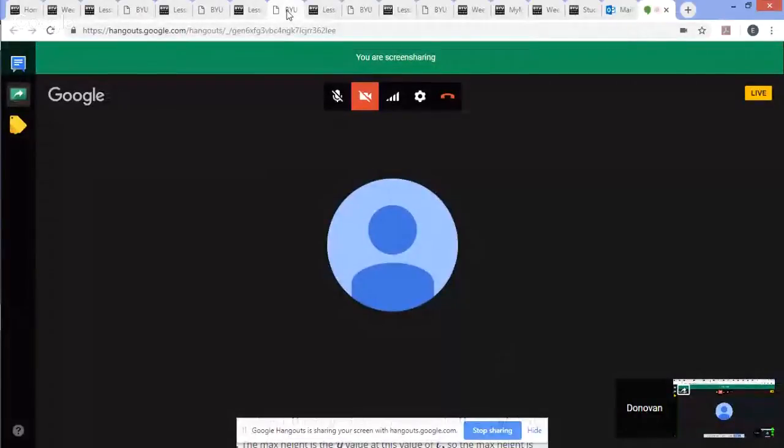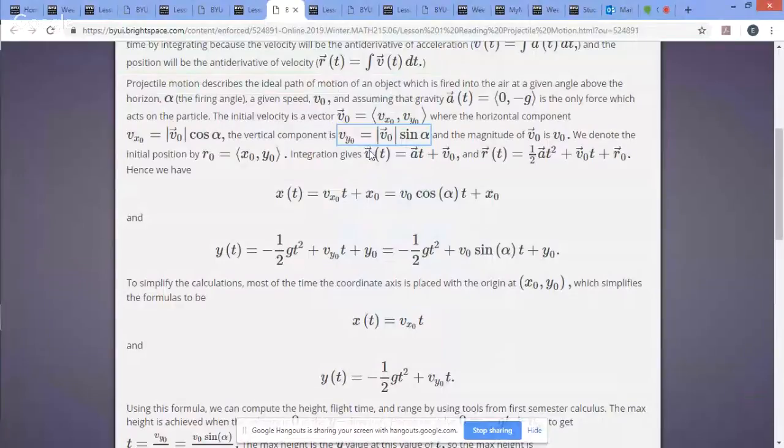Is it screen share now? There we go. Okay. There's just a lot of formulas here, but I'm thinking what I have highlighted in blue. That's what we're looking for? Well, kind of. There's some different formulas.